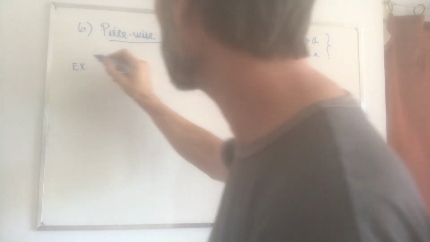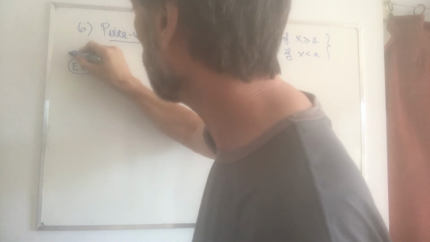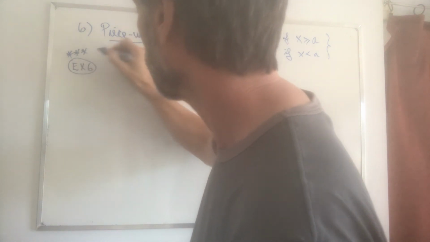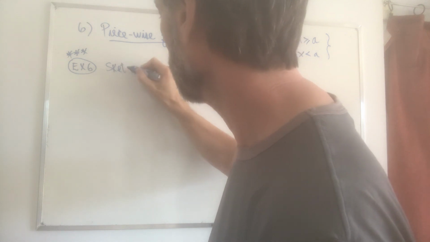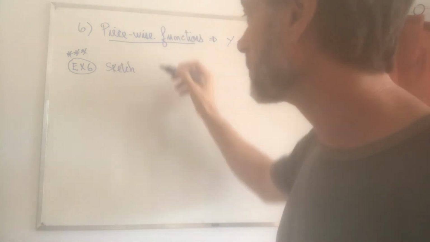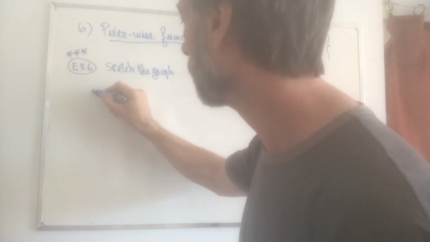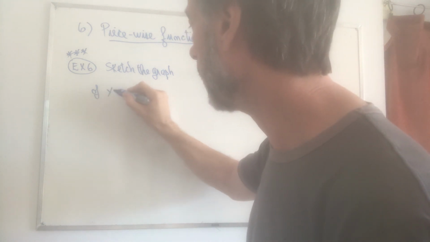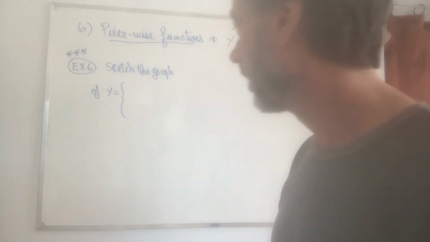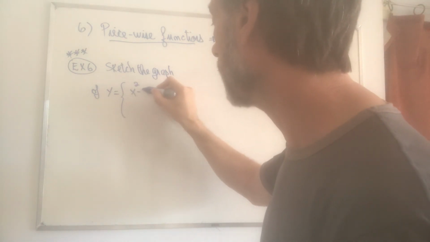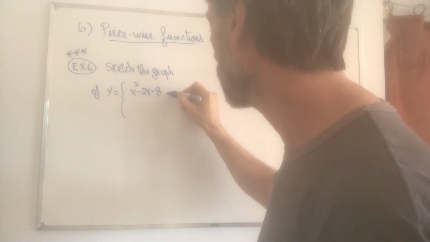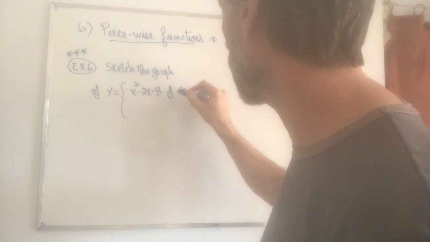I have here example 6. And perhaps because we have different types of functions here, I'm going to make this 3 stars. The question is the same as in the last video. It's always the same: sketch the graph of y equals x squared minus 2x minus 8 if x is less than 1.